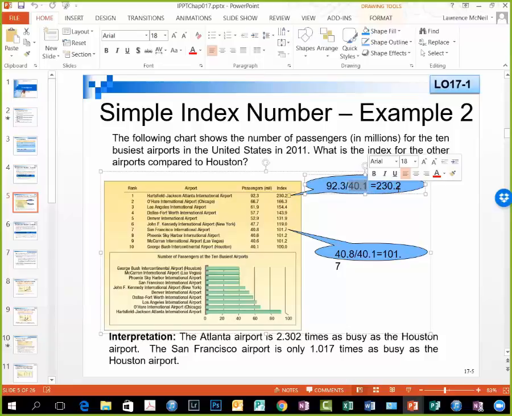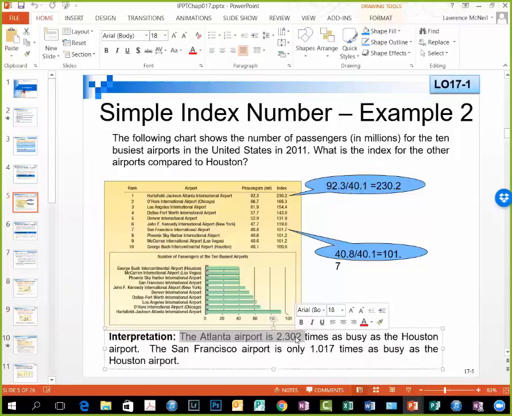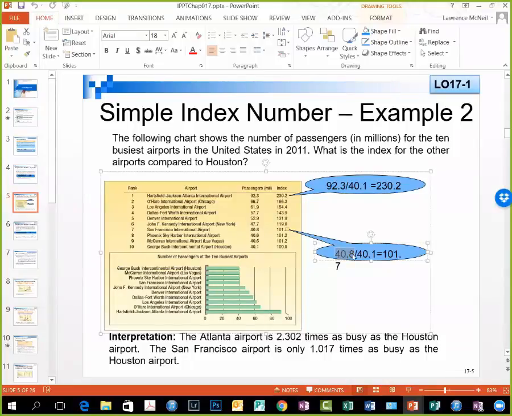230.2. And if we interpret that as the Atlanta airport is 2.302 times as busy, we can say that's substantially larger, right? It's more than 2 times the size in terms of busyness than Houston's. Okay, that's substantial. And then if we look at, say, San Francisco of 40.8 over the 40.1, we would say that San Fran is only 1.017 times as busy.